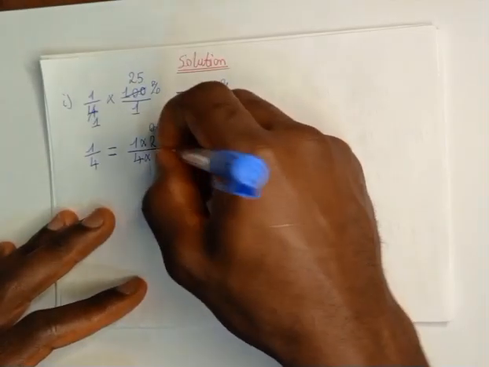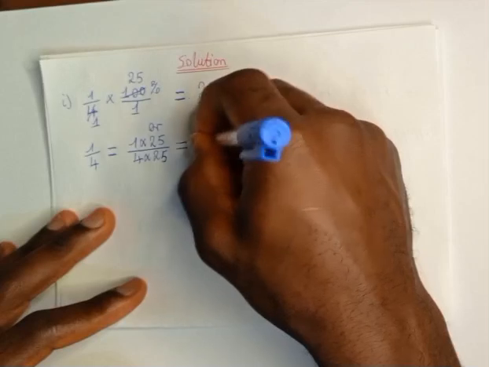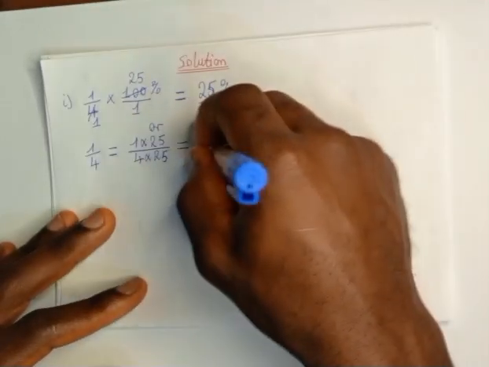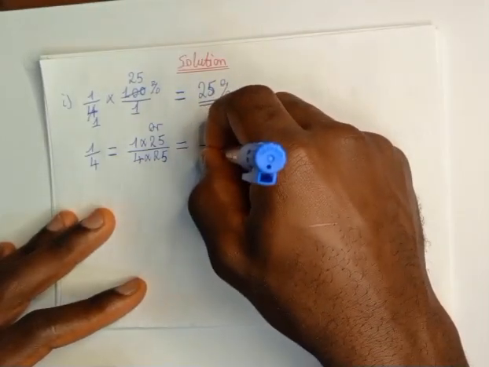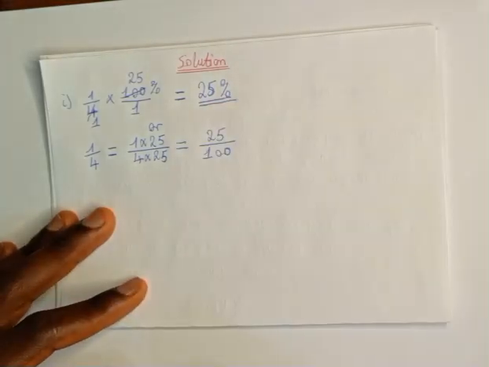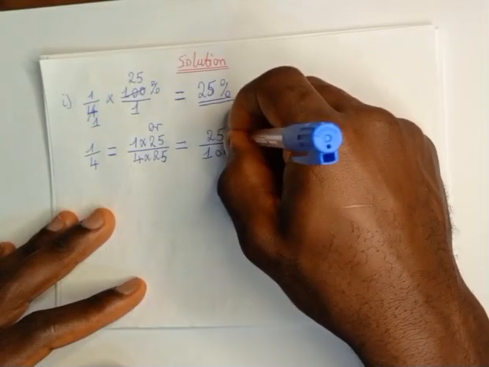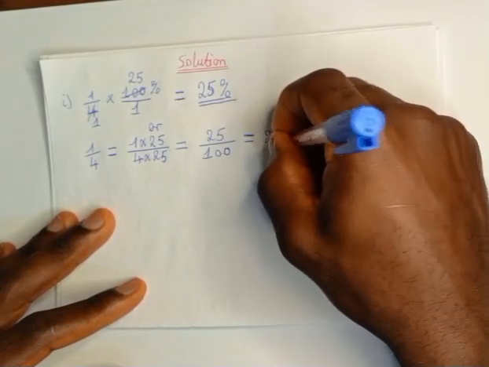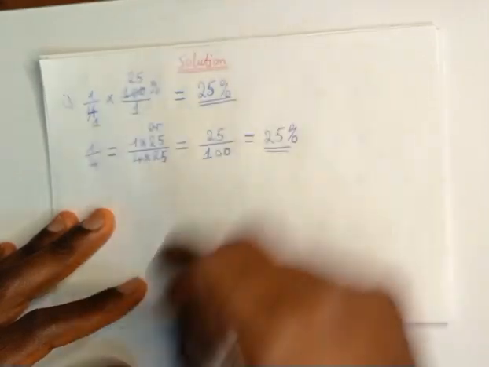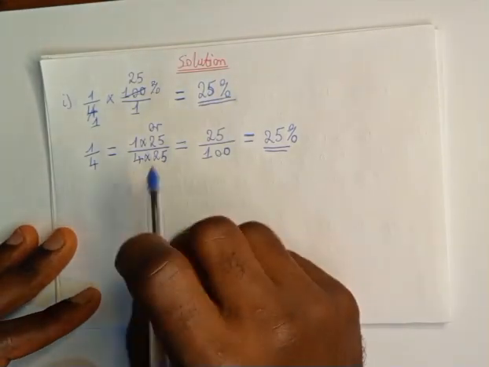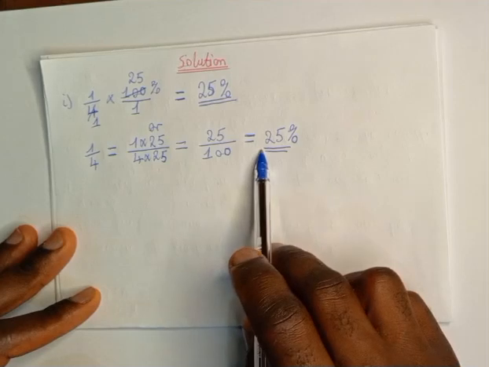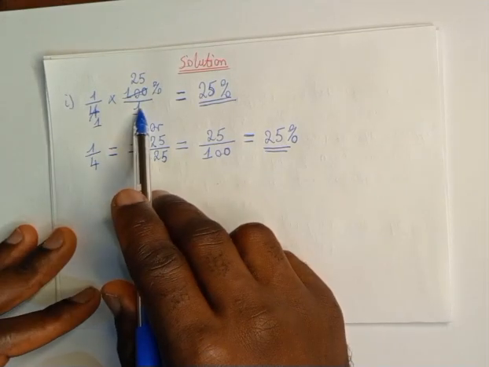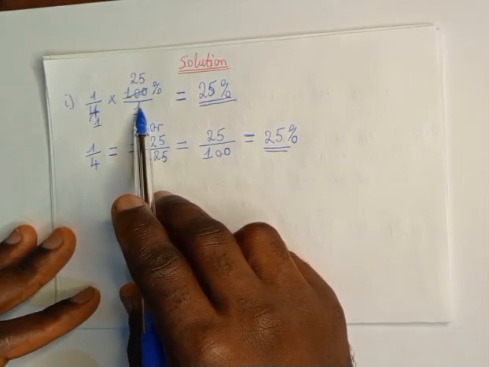This will simply be equal to 1 times 25 gives us 25. 4 times 25 gives us 100. You can see the denominator is 100. That means 25 out of 100. 25 out of 100 is simply equal to 25%. The results are the same. You can either make use of the first approach or you make use of the second approach. But the first approach is very easy and fast.